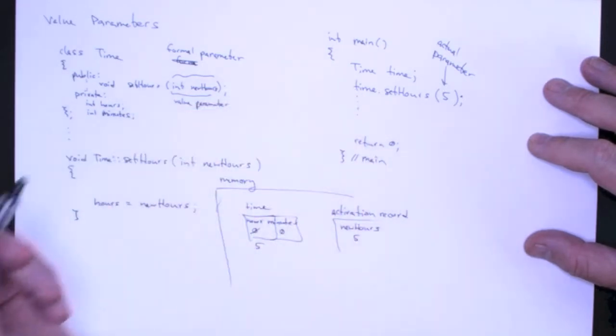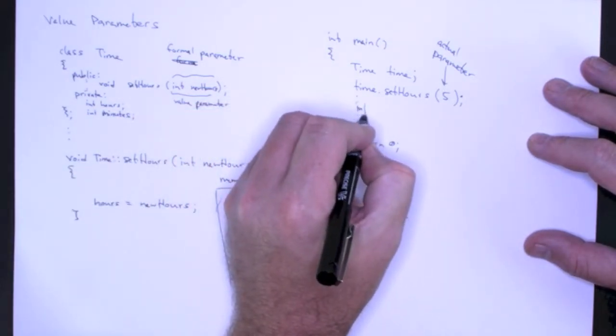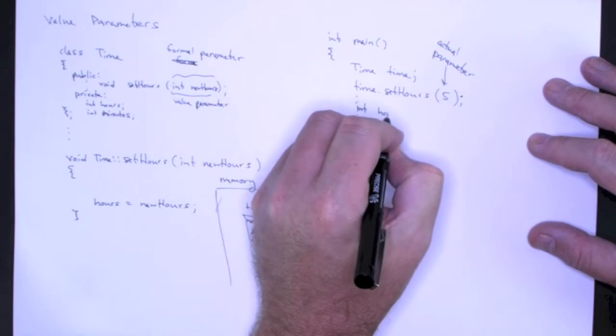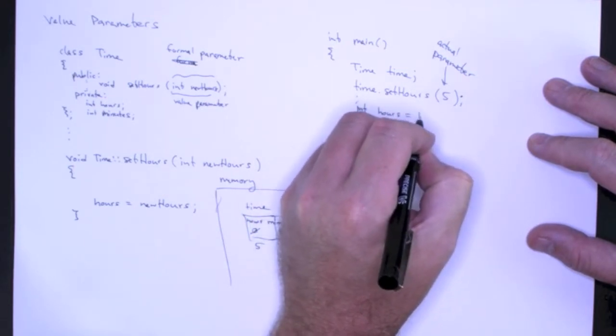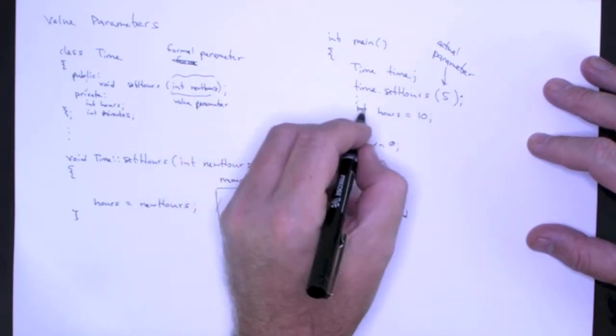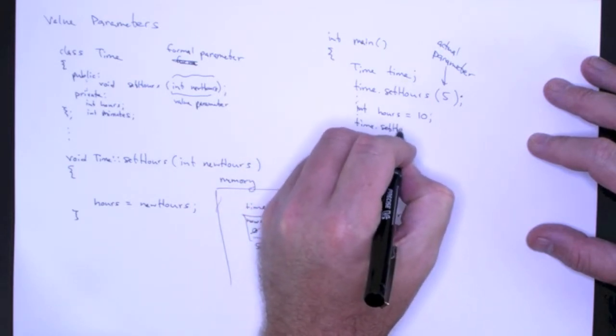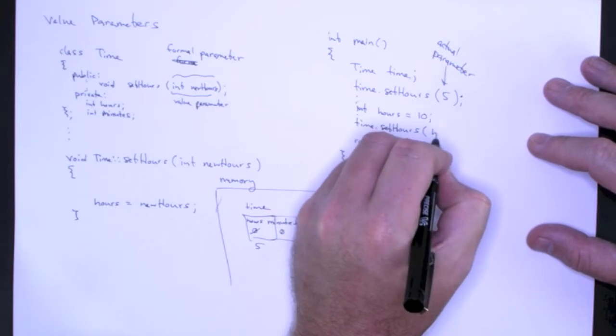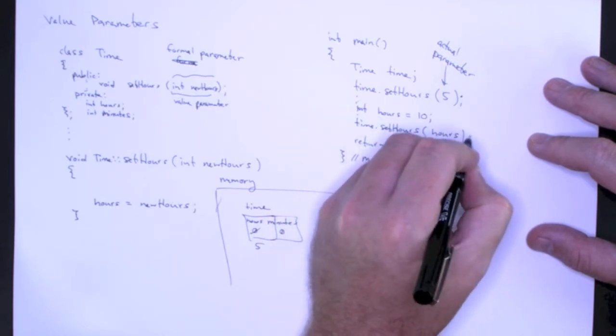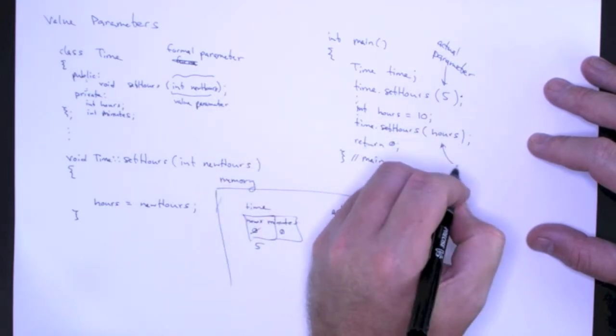Now we could do this in a slightly different way. So let's say that I declare an integer called hours, and I give it the value 10, and then I call this method again. And I pass in hours. So this is also an actual parameter.